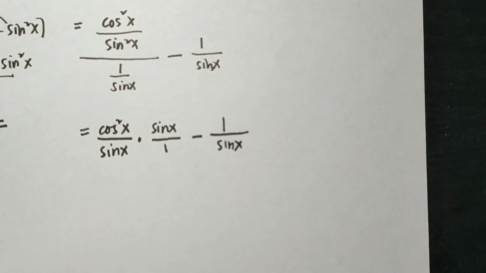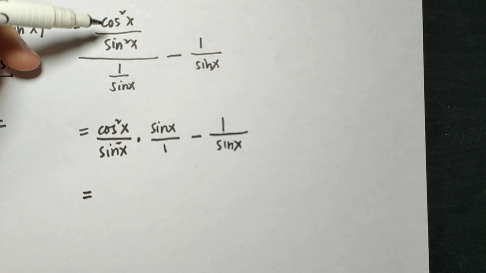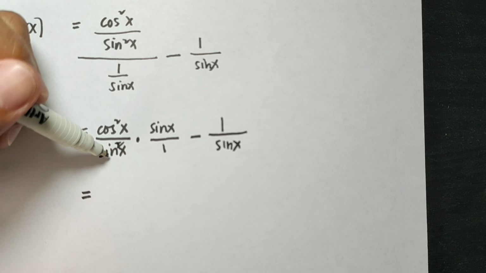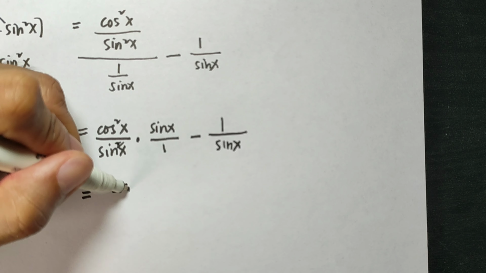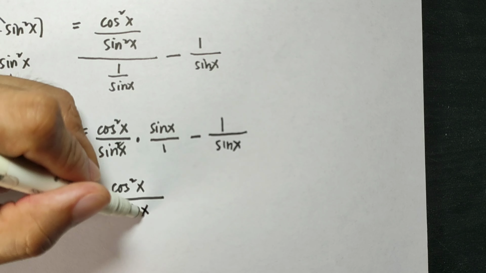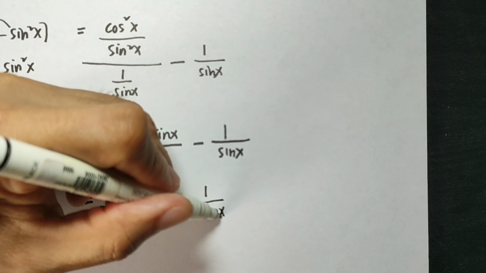So after doing that, this is a square. Okay, so be careful of that. So we have here 1 sine x and there are 2 sine x here. So we will have cosine square x over sine x minus 1 over sine x.